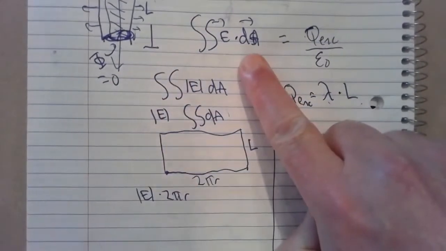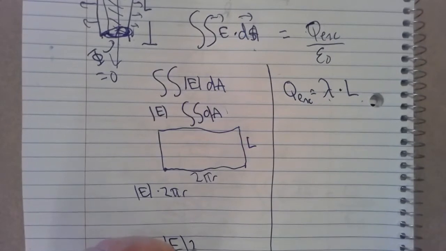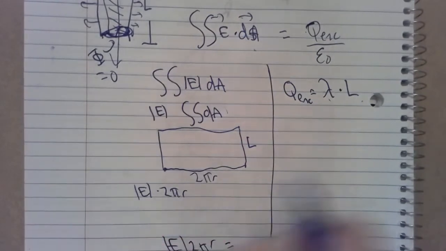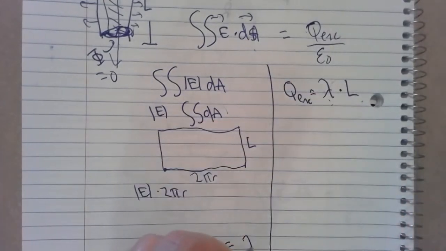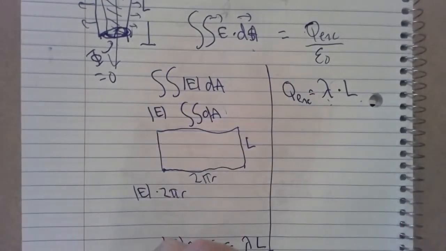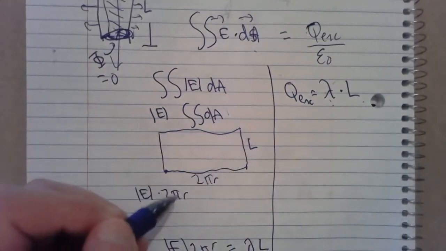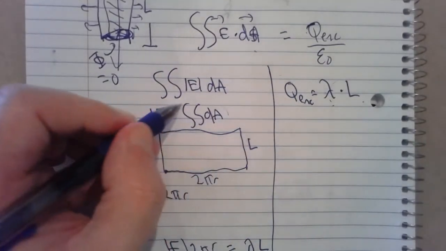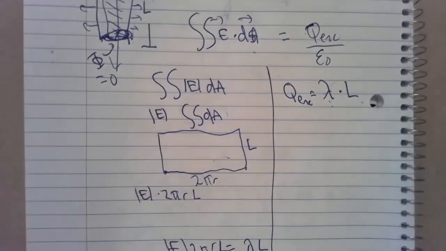Okay, now we set these two equal. The left-hand side was magnitude E times 2 pi r, equals the right side, don't forget the over epsilon naught, lambda L over epsilon naught. Oh, and I goofed here. Integral dA is length times width, so I need an L here.